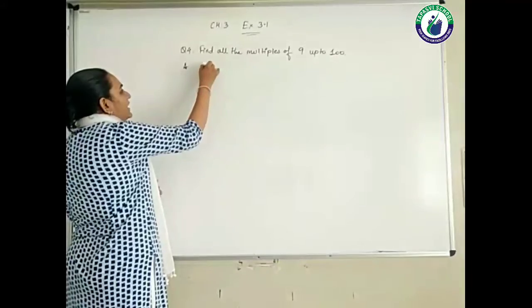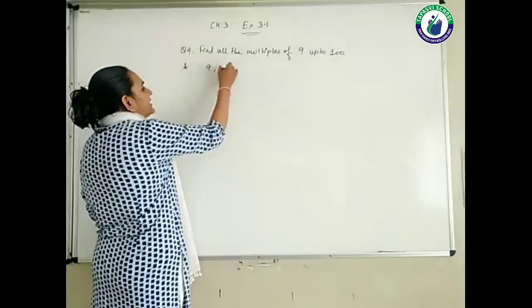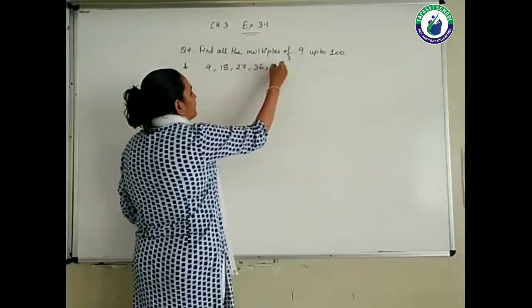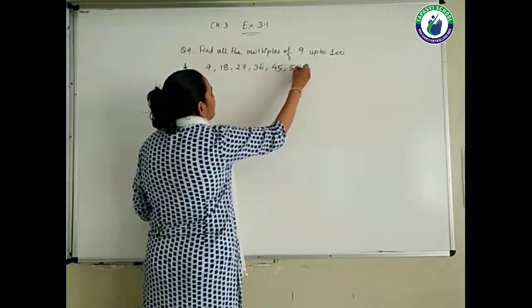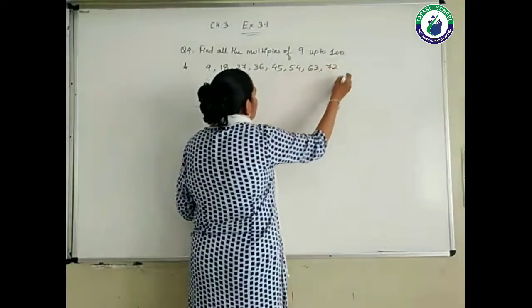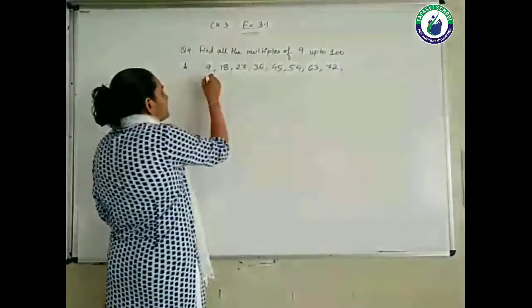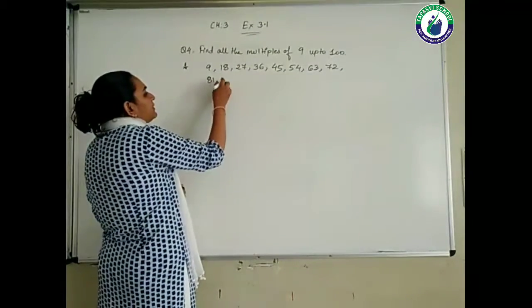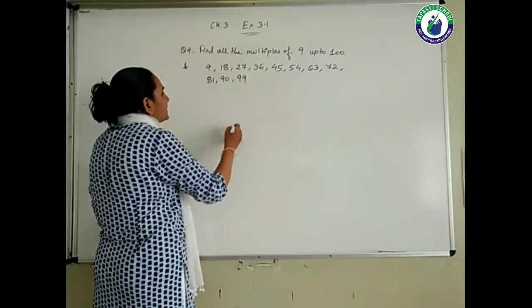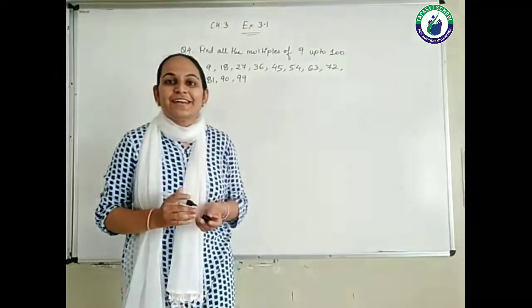Okay, 9 ones are 9, 9 twos are 18, 9 threes are 27, 9 fours are 36, 9 fives are 45, 9 sixes are 54, 9 sevens are 63, 9 eights are 72, then comes 9 nines are 81, 9 tens are 90, right? 9 elevens are 99. So we have written all the multiples up to 100, right students?